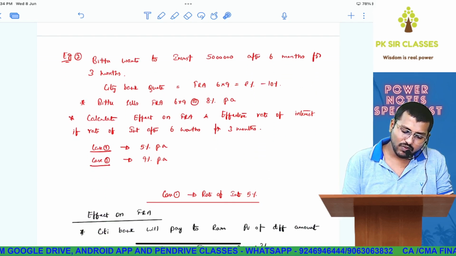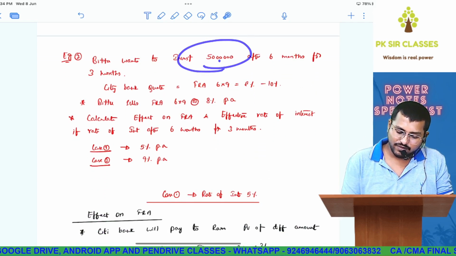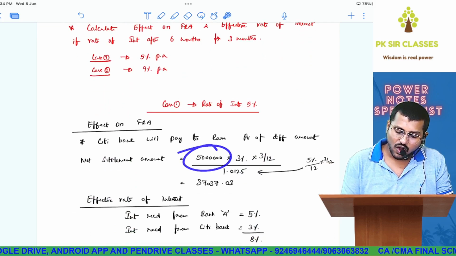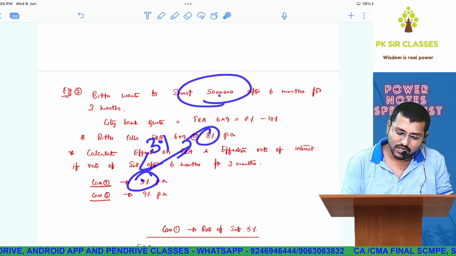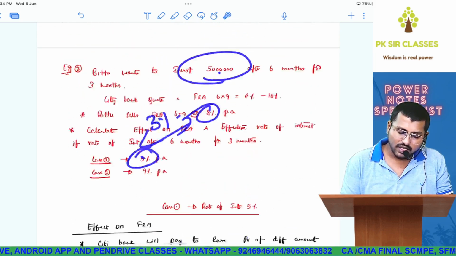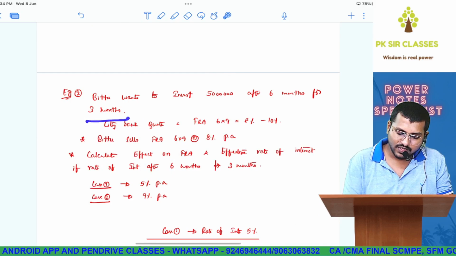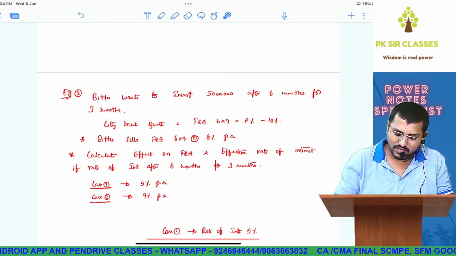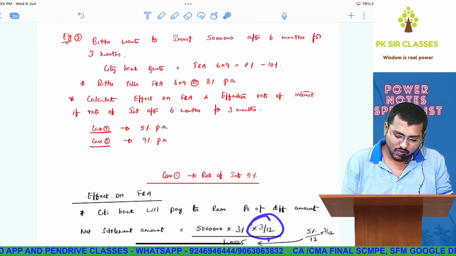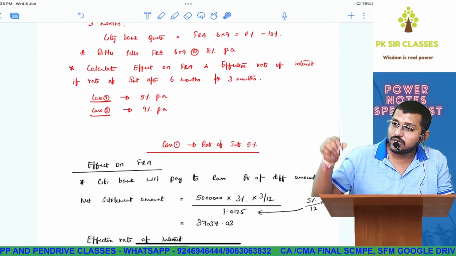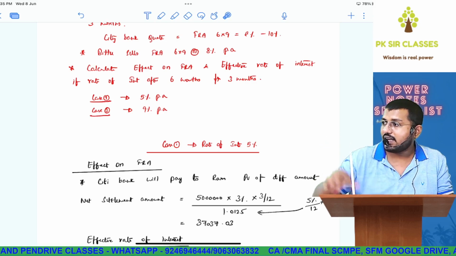Now, very simple. What is the amount that you have invested? 50 lakhs. On that, how much is the differential? 5%, 8%. What is the differential? 3%. You have invested it for how many months? 3 months only, after 6 months. So for 3 months, I'll be getting interest divided by the rate through which you will discount, the current interest rate.